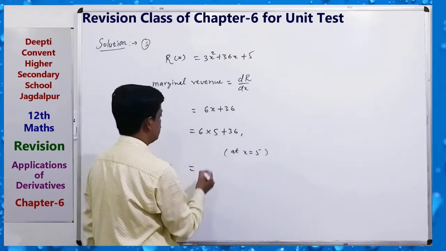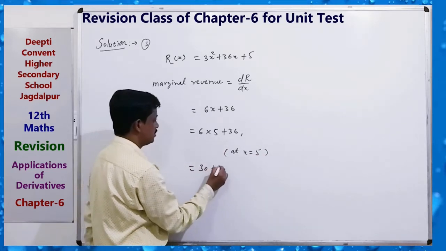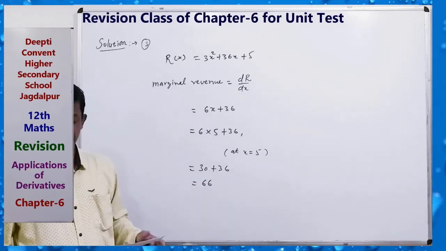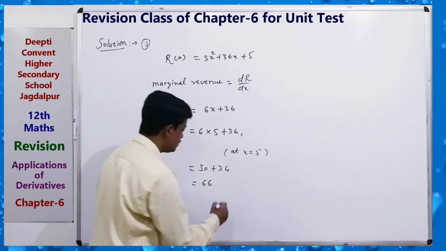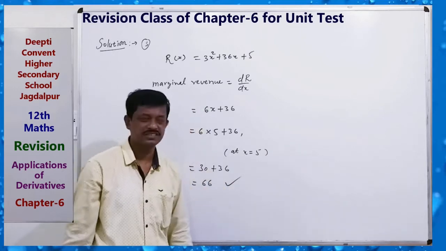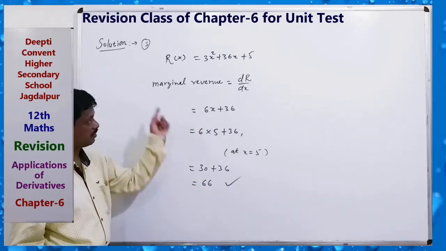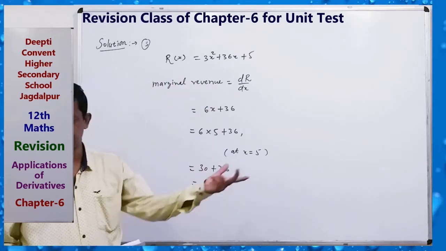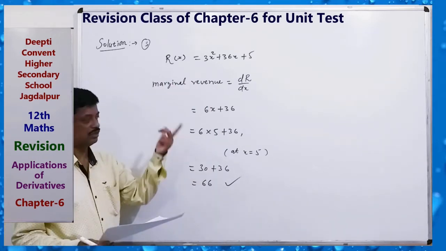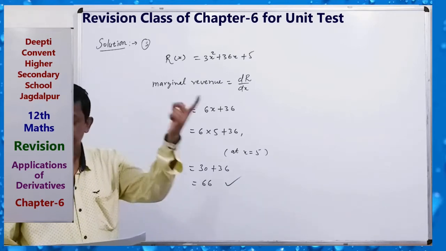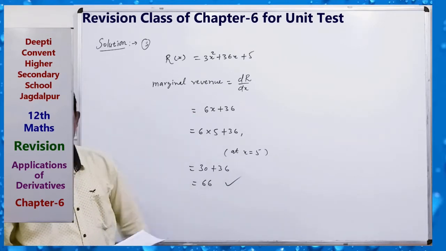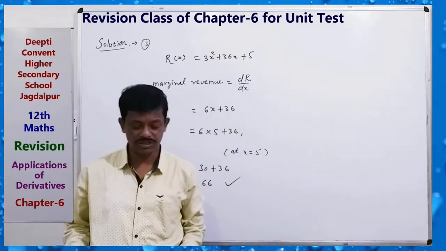So this equals 30 plus 36, that is 66. Okay, 66 is our answer. Marginal revenue is 66. Only simple questions. And for the last line answer, you can say the value for growth can be taken negative. Okay, very simple questions. Similarly, see question 4.